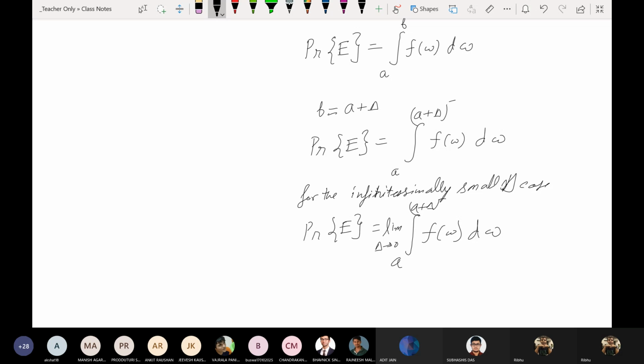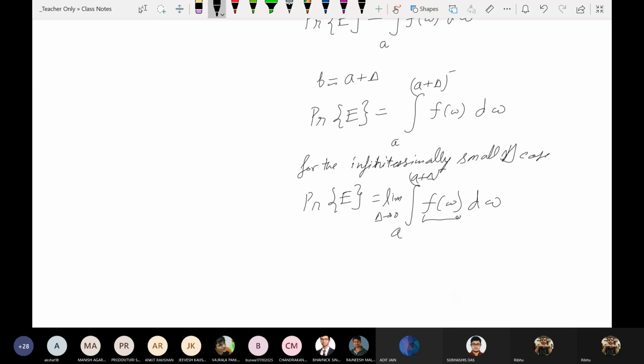Fine. So regardless of the form of f omega, what will this integral be? Zero. It's basically an integral from A to A. So the probability of a singleton outcome in a continuous event space is always 0.